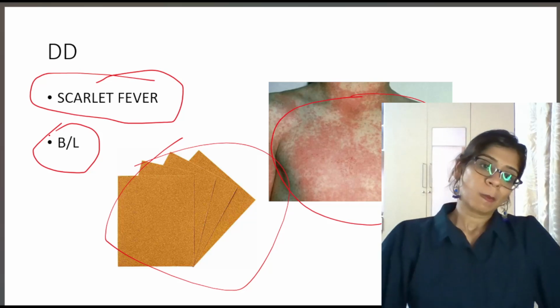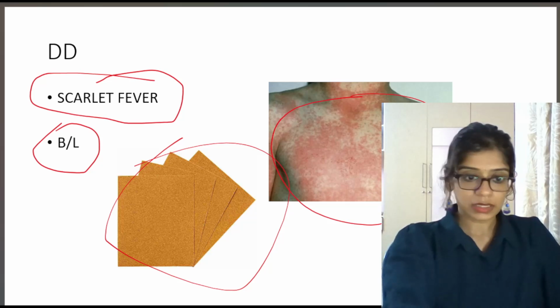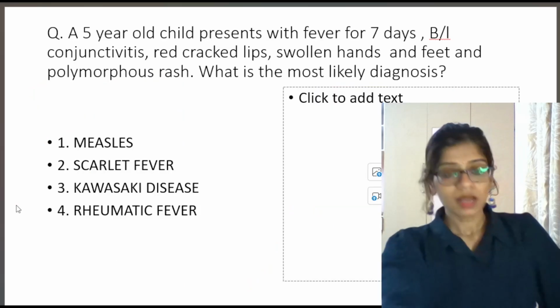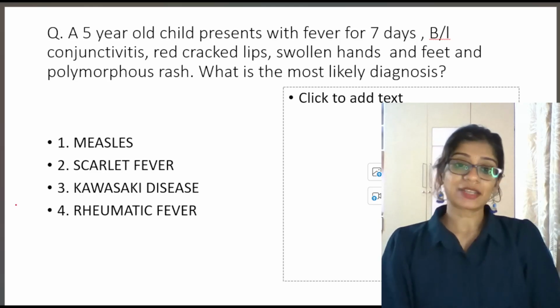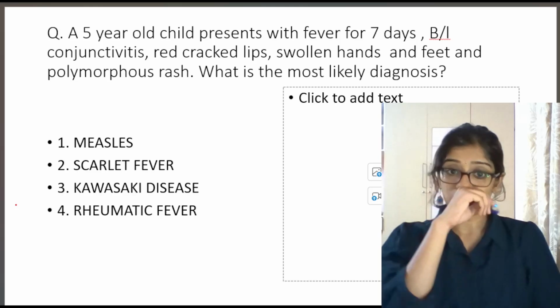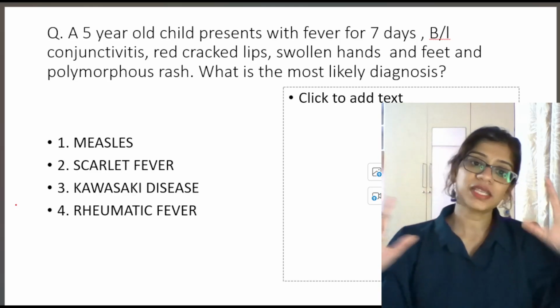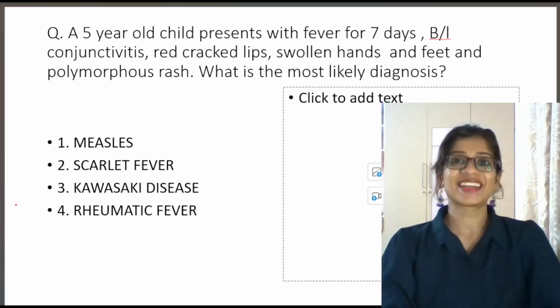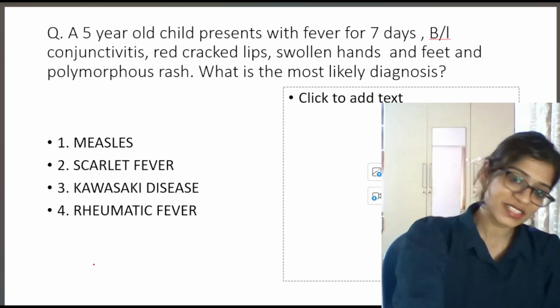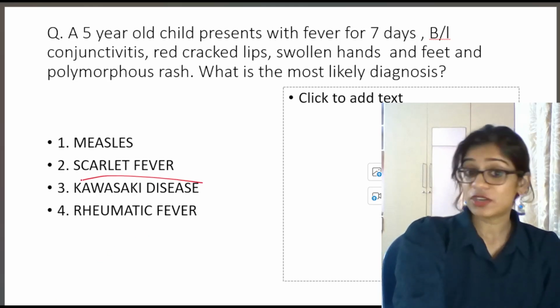All right. Now let's do one question. A 5-year-old child presents with fever for 7 days, bilateral conjunctivitis, red cracked lips, swollen hands and feet, and polymorphous rash. What is your diagnosis? We are talking about Kawasaki's disease, so definitely the diagnosis is Kawasaki's disease, but not just that.